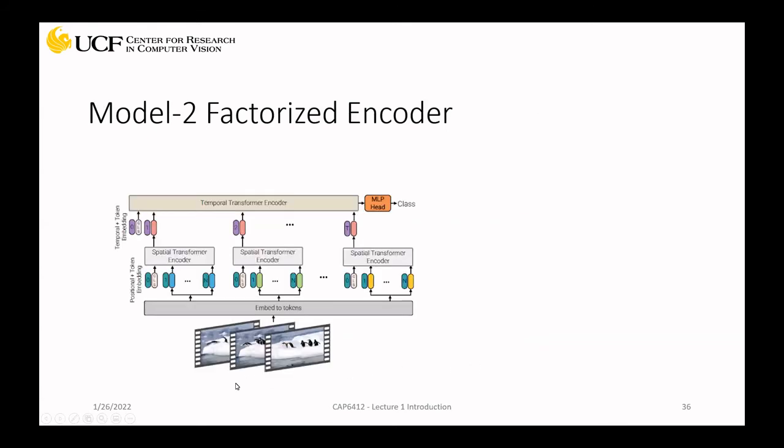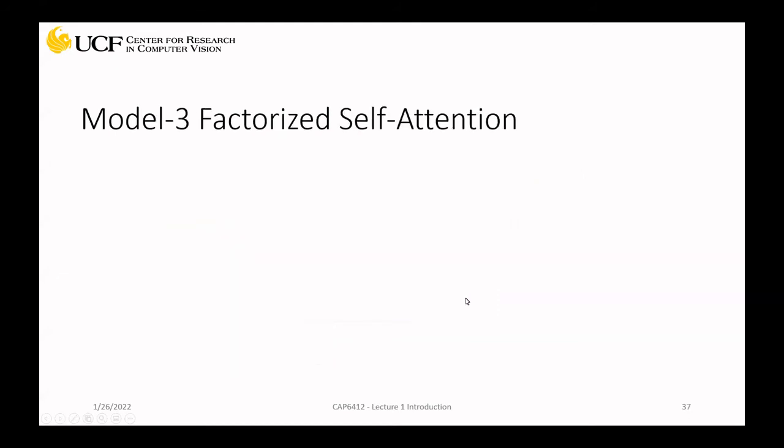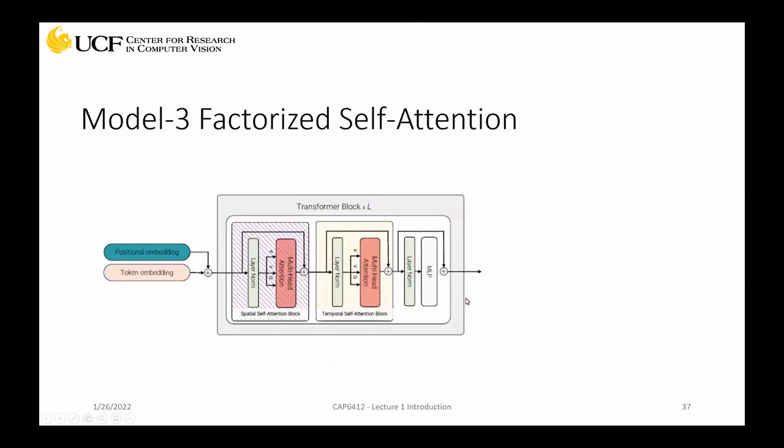Okay, so model 2, the factorized encoder. Here, what they are doing is first a spatial transformer encoding each frame separately, like here. Then after that, you do a temporal transformer, and this is their figure: spatial, then temporal. Then they have model 3.